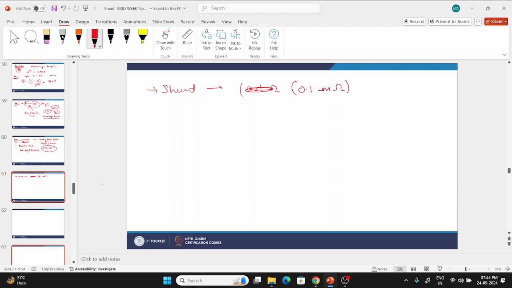It is a high precision resistance and it is connected in series with a battery pack which is usually at a low voltage.